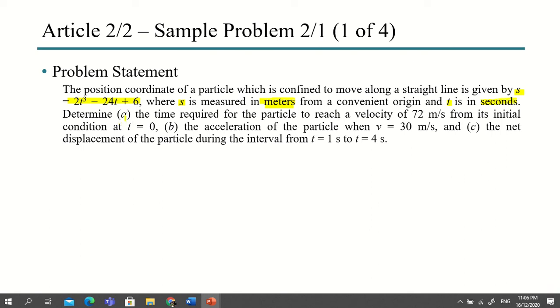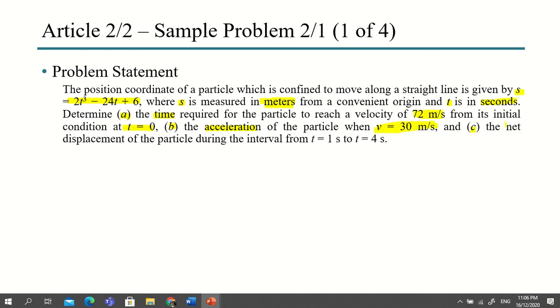We need to determine, for a, the time required for the particle to reach the velocity of 72 meters per second from its initial condition at t equal to 0. And then for b, we are required to find the acceleration of the particle when the velocity is 30 meters per second.